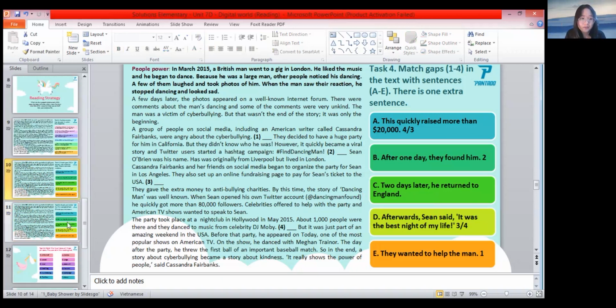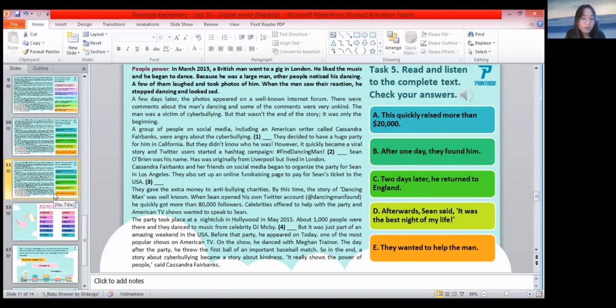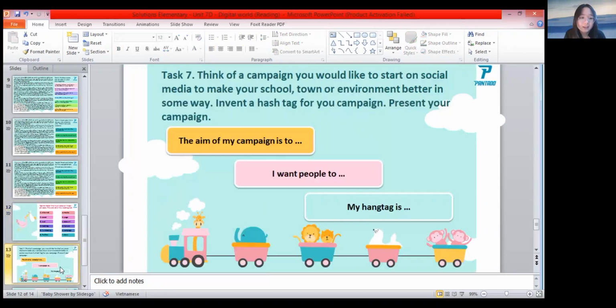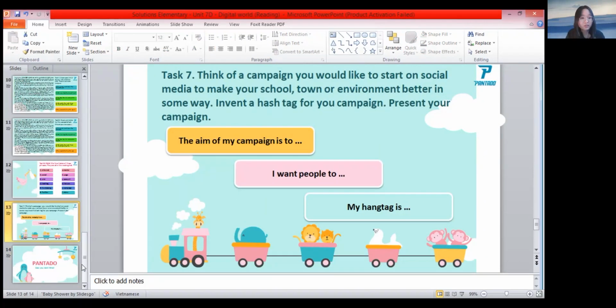This one is just listening, and in the next lesson we're going to listen to this text again, and we do this one. Match the halves of these phrases, and they are in the reading text. Quite easy, and we're going to answer those questions here. Okay, do you agree?